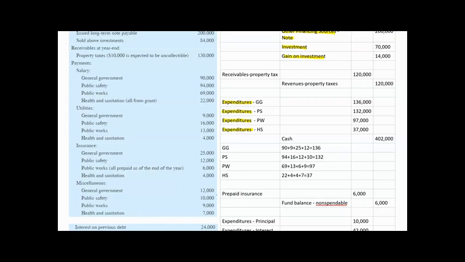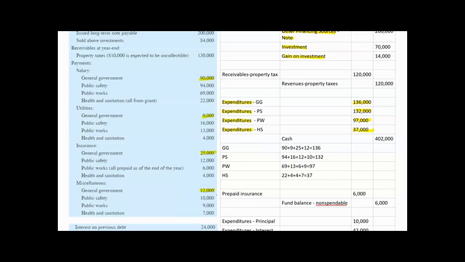As to the balance here, the amount we recognize is the same as we did for government-wide. For example, for general government, 136,000 equals the cash payment for salary, utilities, insurance, and miscellaneous. That gives us 136,000. We do the same calculation for other functions.